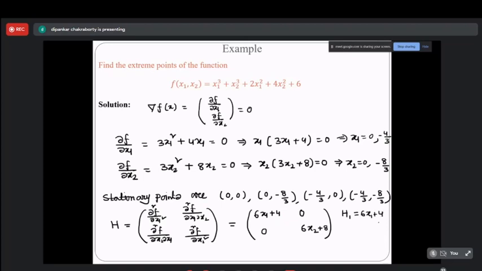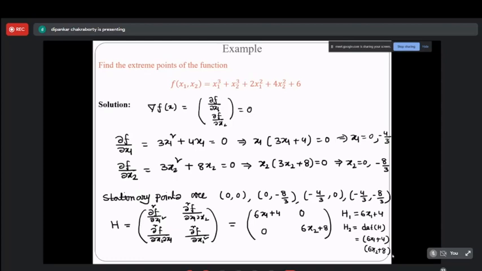This is your first order principal minor. What is the second order principal minor? The determinant of the whole matrix. That is H2, the determinant of H, which is (6x1 plus 4) into (6x2 plus 8).